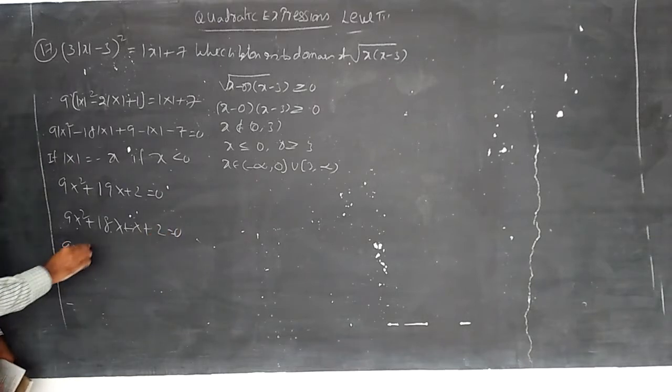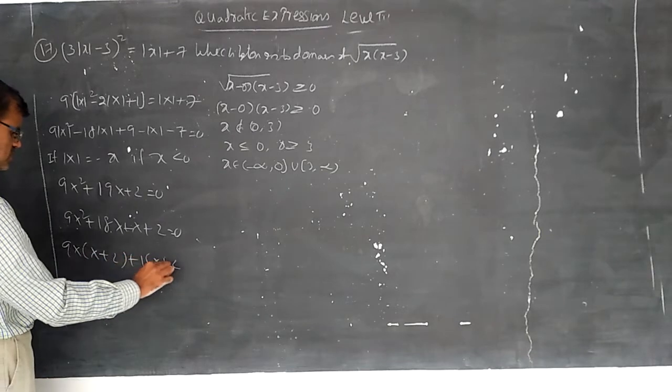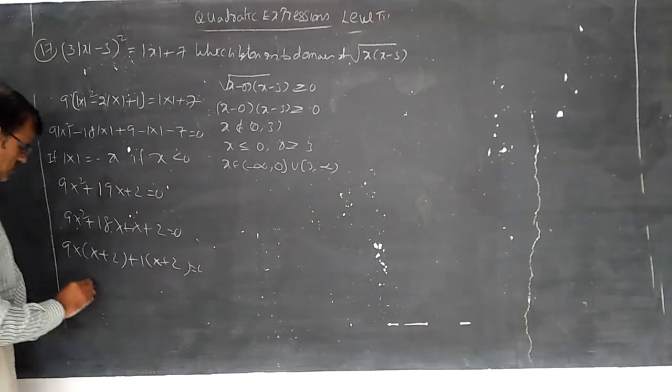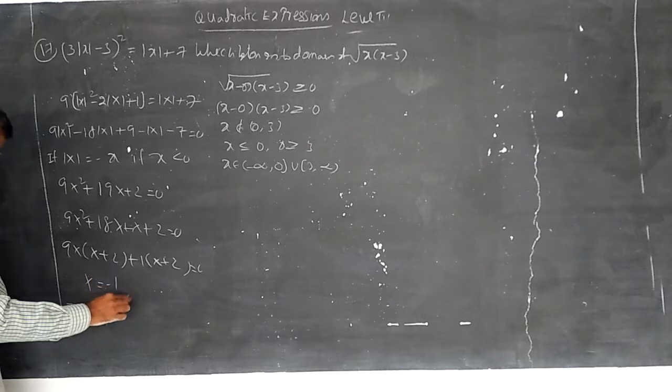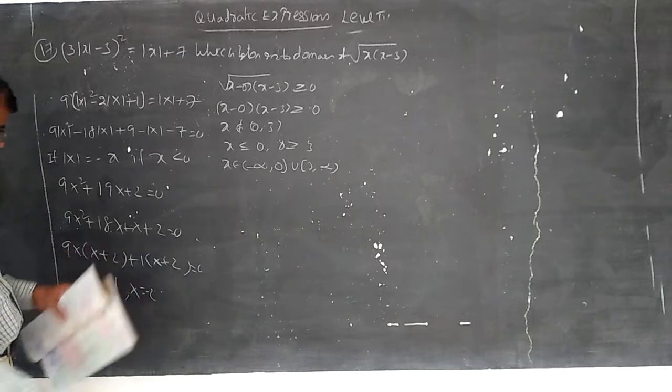So 9x taken common, x plus 2, plus 1 taken common, x plus 2 is equal to 0. So x is equal to minus 1 by 9, x is equal to minus 2. We got option 3.